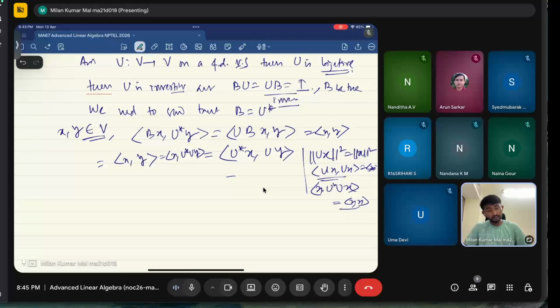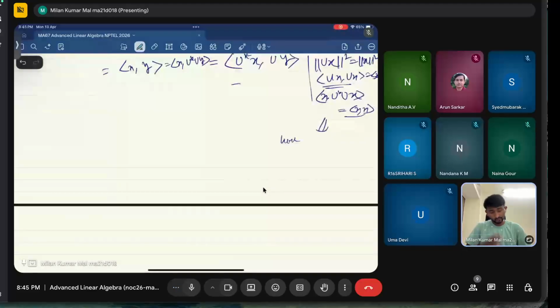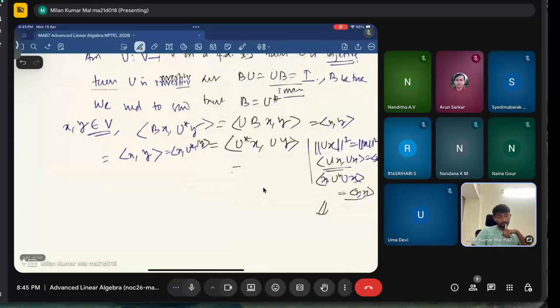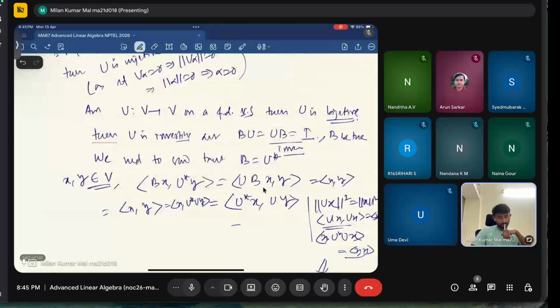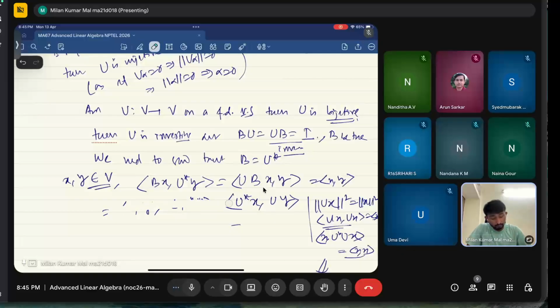And here by using polarization, but I can't use polarization, right? I can't use polarization. So this problem, U star x, we can't use polarization.